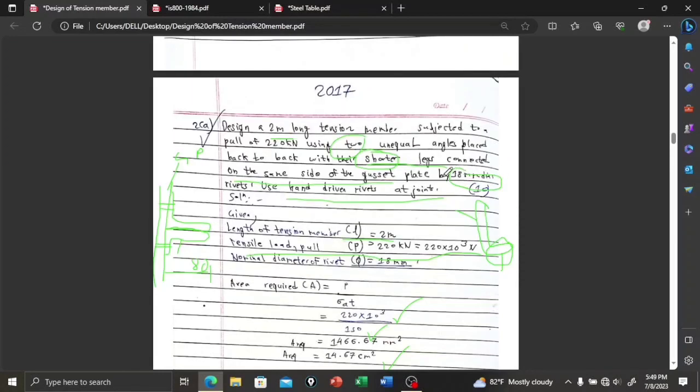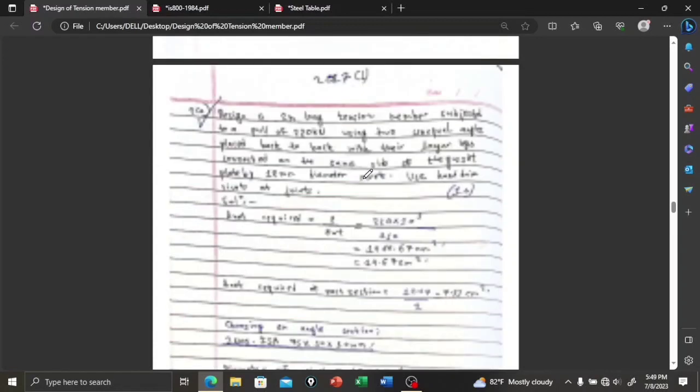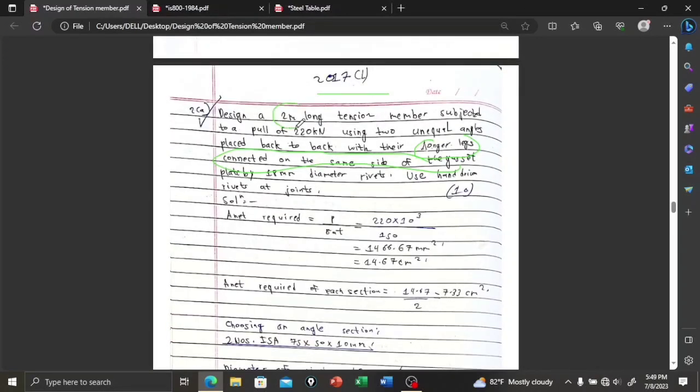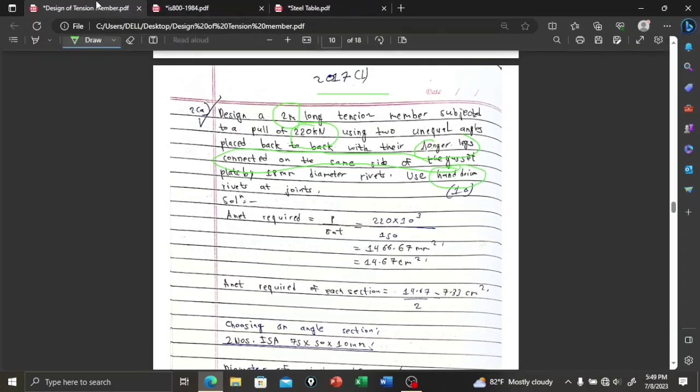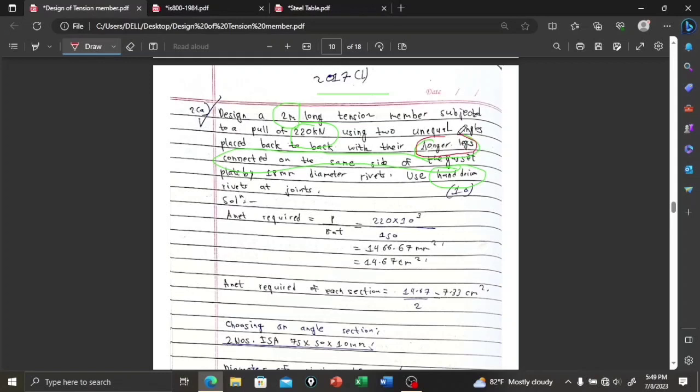Length is 2 and force is 220, and driven. This is the same question, but only the difference is this: longer leg connected in same side of gusset plate.